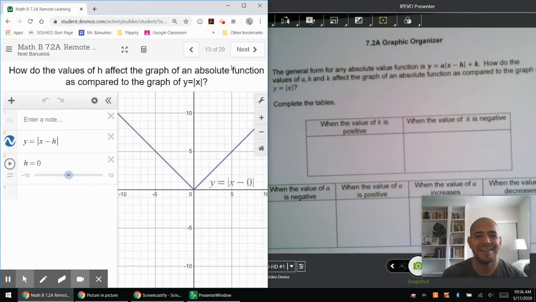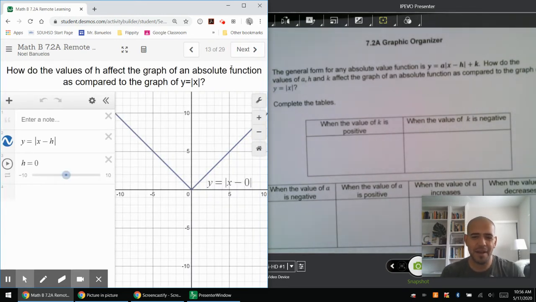Next one. Now notice this is a little different. Notice here how the standard form, which you're going to learn, of an absolute value function is written the way a mathematician would write it, as x minus h.